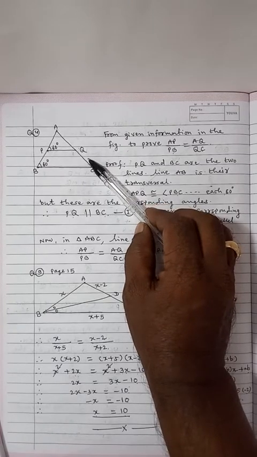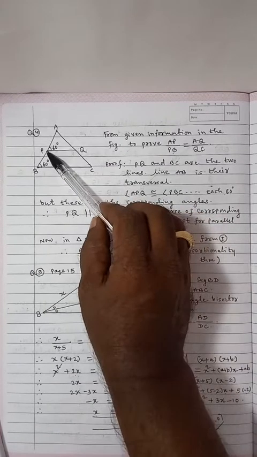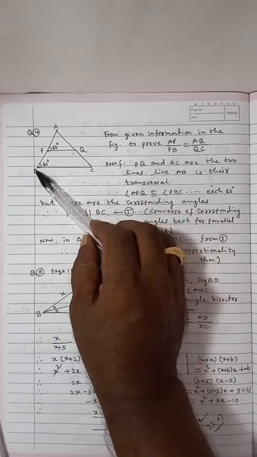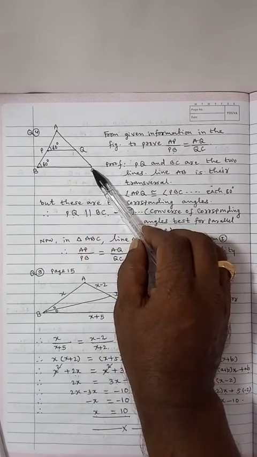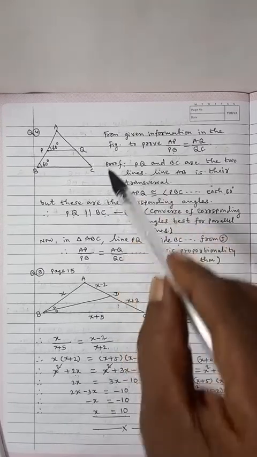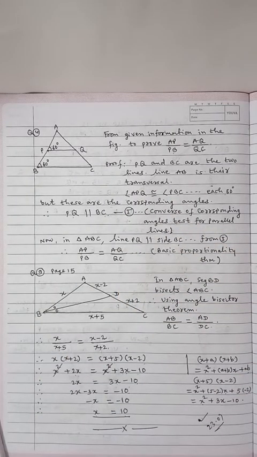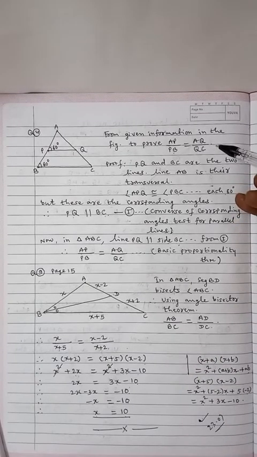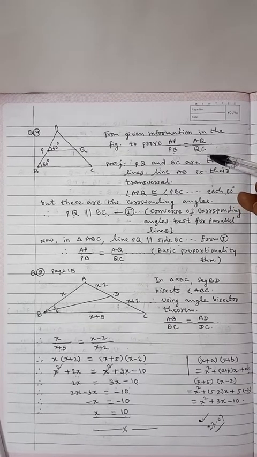For that we have to show that PQ is parallel to BC, and then by the basic proportionality theorem we will get the result AP upon PB is equal to AQ upon QC.